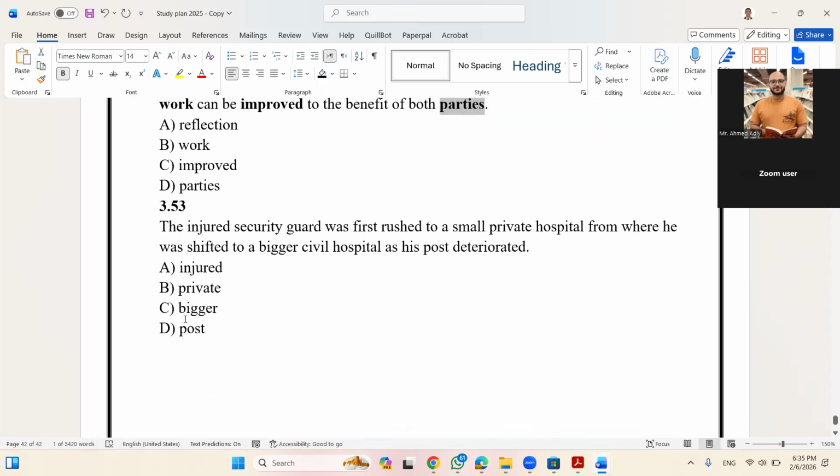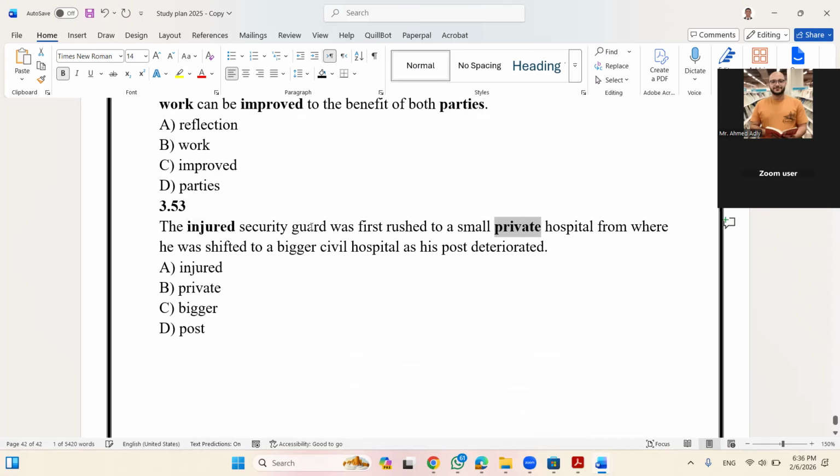The injured security guard was first rushed to a small private hospital, from where he was shifted to a bigger civil hospital as his post deteriorated.